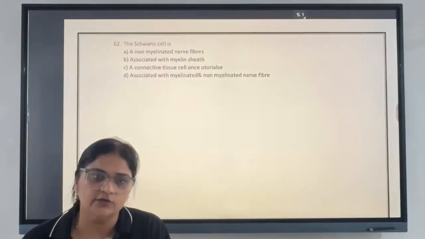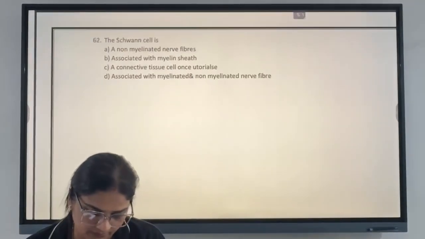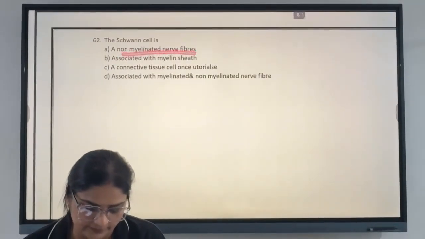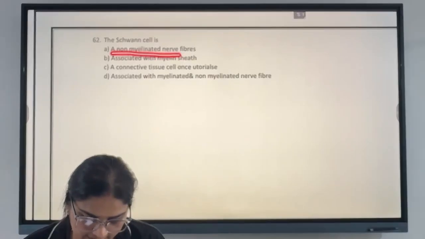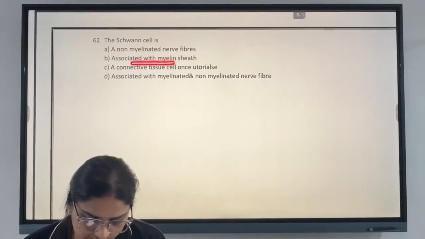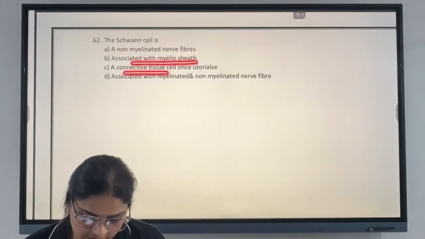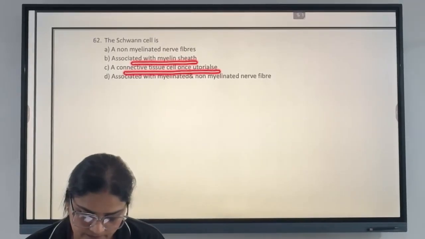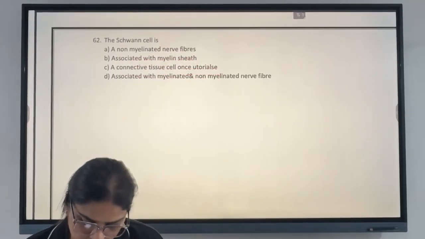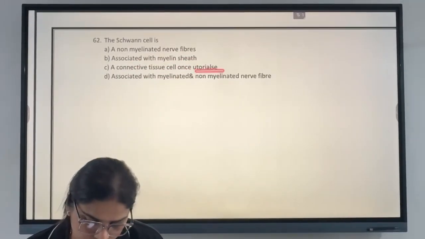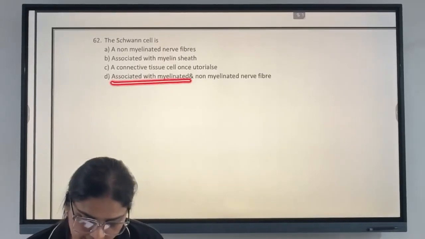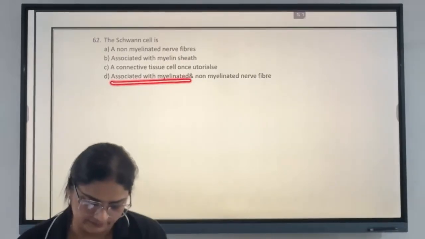Going to 62nd question. The Schwann cell is a non-myelinated nerve fiber associated with myelin sheath. A connective tissue cell once associated with myelinated and non-myelinated nerve fiber.